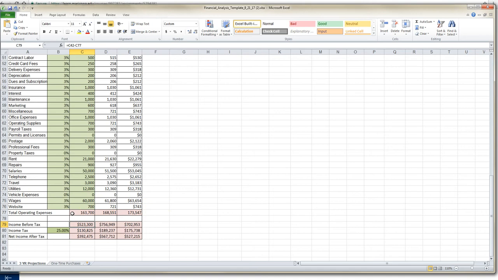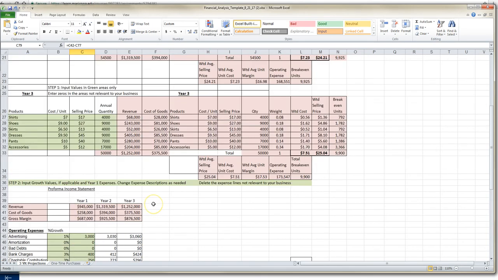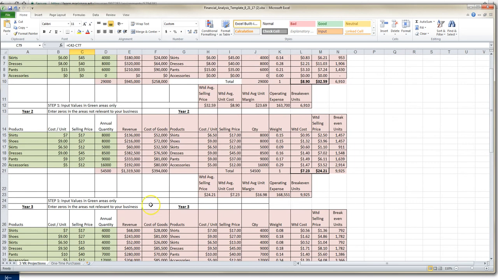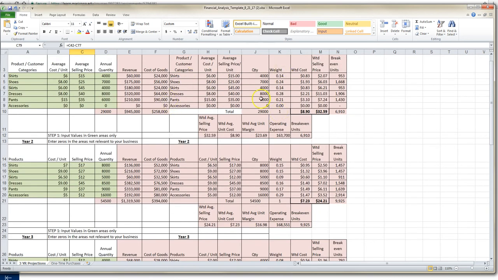Now, make a note of the total operating expenses, 1,637,700, for example, and you'll see that this value is transferred up above into the area below the weighted average calculations.